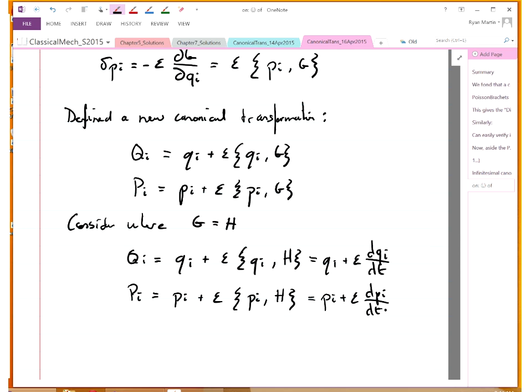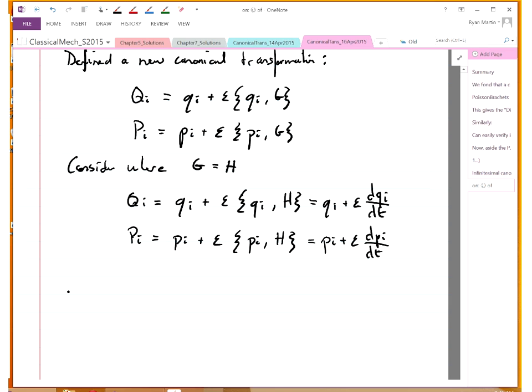We're using the Hamiltonian to generate an infinitesimal canonical transformation. So what is that transformation? It takes the lowercase qi and adds a little bit of dqi by dt. So capital Qi is just lowercase qi a little bit later. Same with capital Pi.